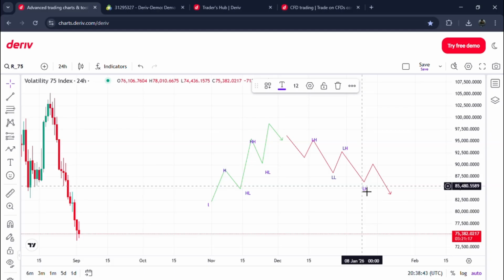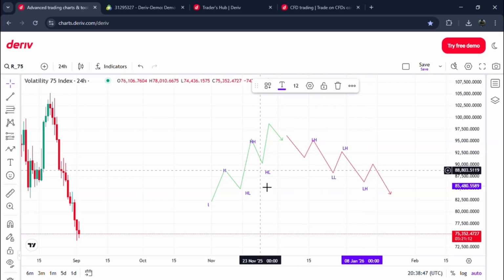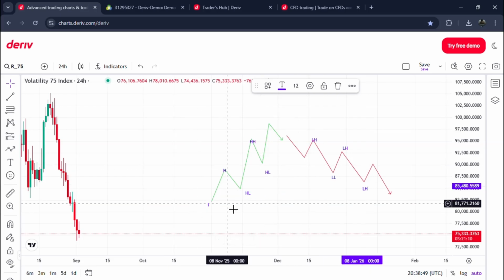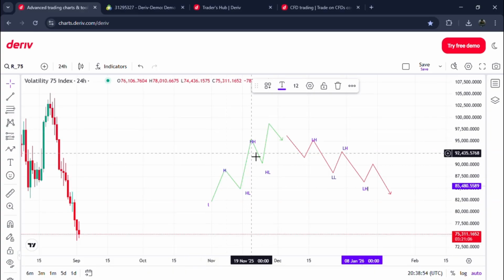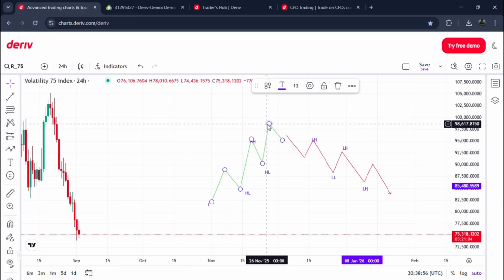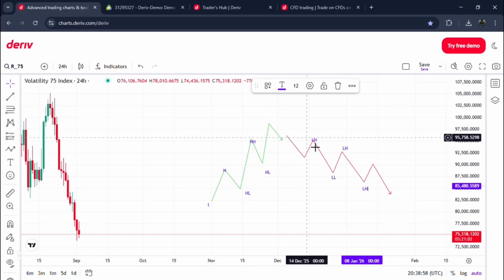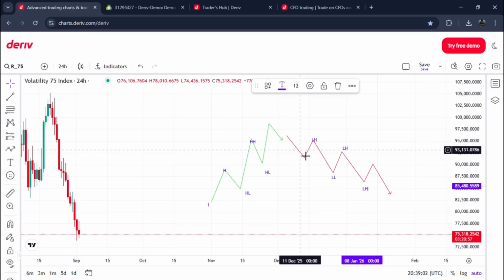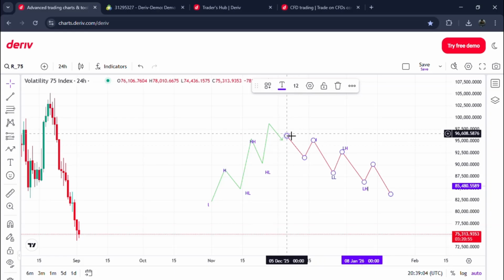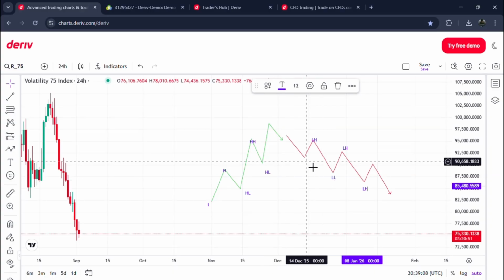So you can clearly see under uptrend, we say this was a low, this is a high. So this is a higher low, higher high, higher low, higher high. So assuming this one is not even joined, it's separate, meaning this one will be a high and this one will be a low. So if this one is a low and this one is a high, this one is below this high.